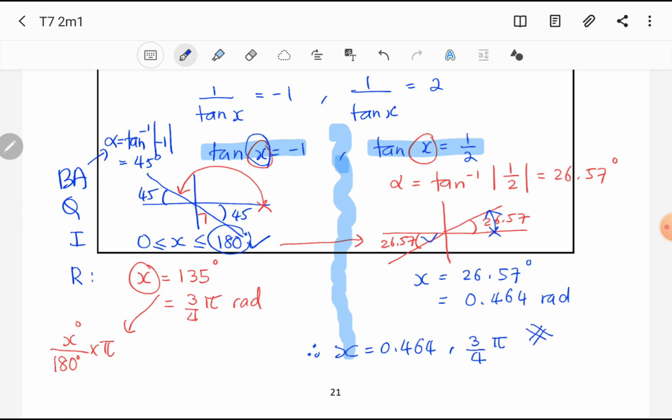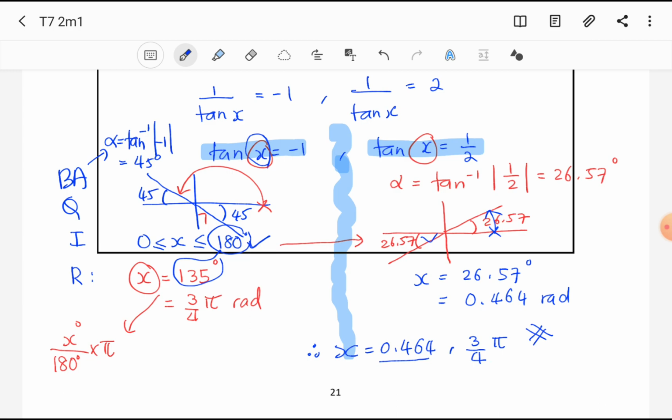Ada orang tanya, Madam, kena tulis tak RAD? Tak pun tak apa sebenarnya, tapi yang terbaiknya, tulislah. Kalau nombor kecil-kecil macam ni, dia adalah radian standard. Kalau degree, nombor dia besar-besar, 100, 1000, puluh-puluh macam tu. Okay, so kita dah siap dah.